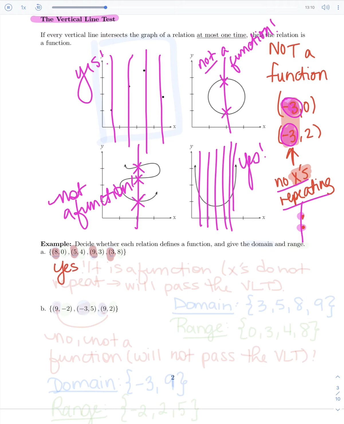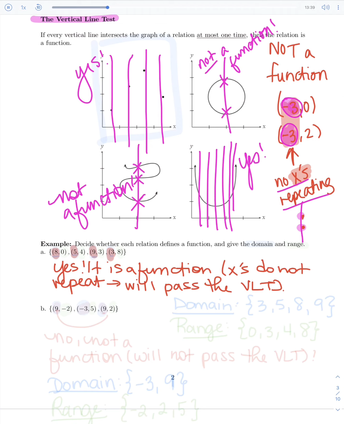So yes, it is a function, but it's because the x's do not repeat. Because the x's do not repeat, it will pass the vertical line test. And I always end up shortening the vertical line test to VLT because it just is a pain to write.